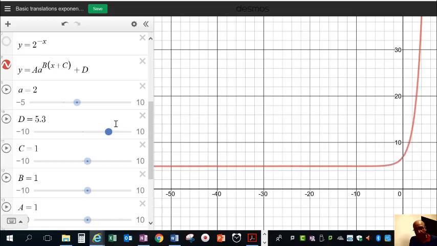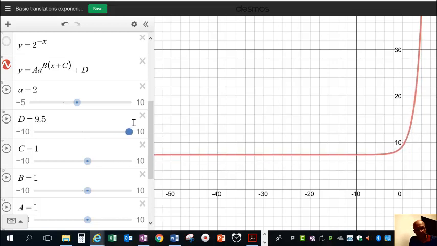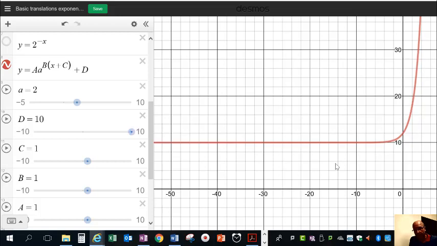If we put d up at 10, the asymptote is 10, it's approaching 10, but won't actually reach it. Y equals 10 is the asymptote.